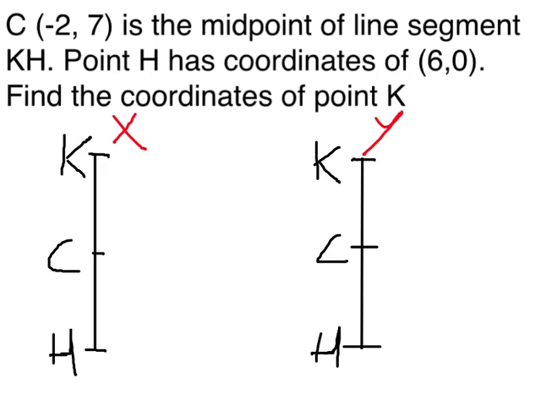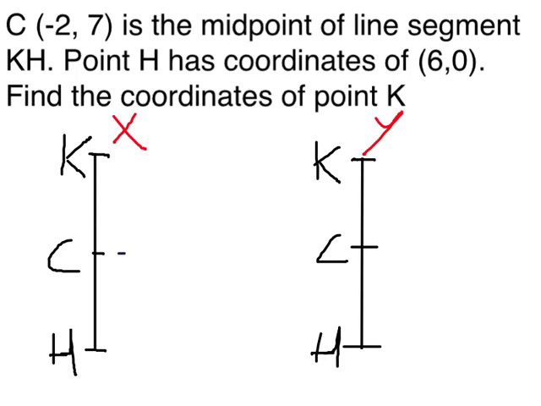Alright. Next example. It says C is the midpoint of the line segment KH. So instead of a horizontal line segment, I did a vertical one here. So you see, we've got K up top, H on the bottom, and C is in the middle. If we do the x's first, this is just one way to do it. I'm going to show a second way on the next slide.